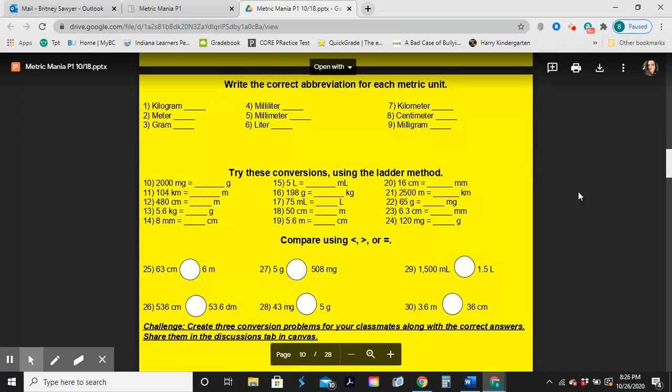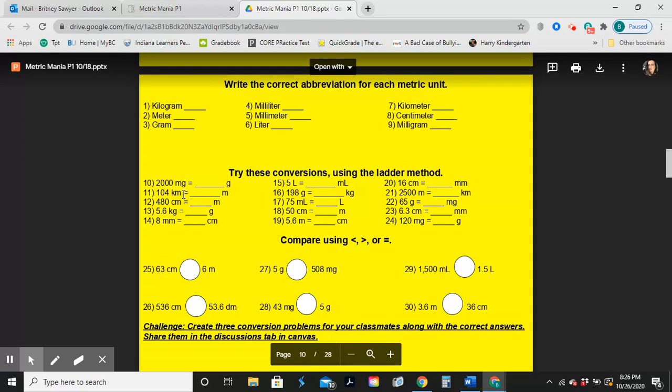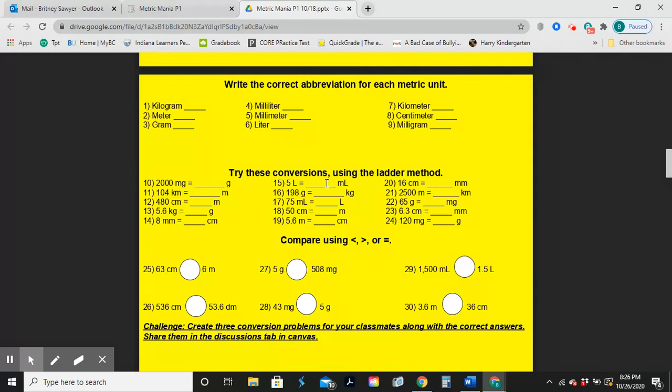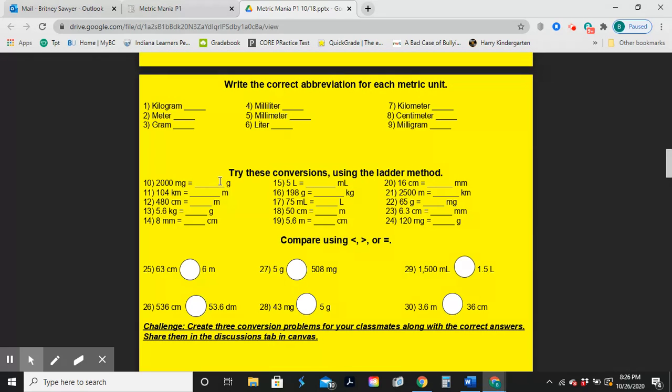Now right here, you're going to write the correct abbreviations on these. Now this says try the conversions using the latter method. With this right here, I don't want you to worry about the liters or the milliliters, okay? I don't want you to worry about the kilograms or milligrams. I just want you to focus on just the grams and the meters and centimeters and millimeters, okay?